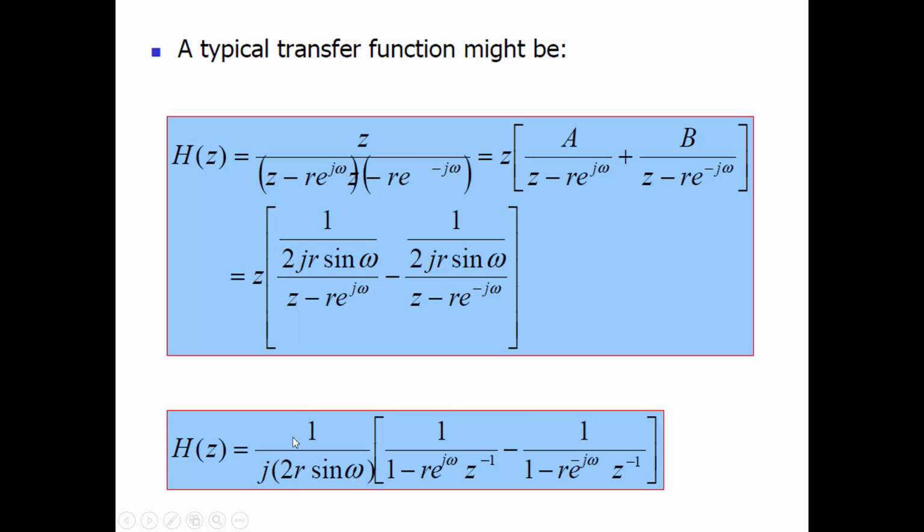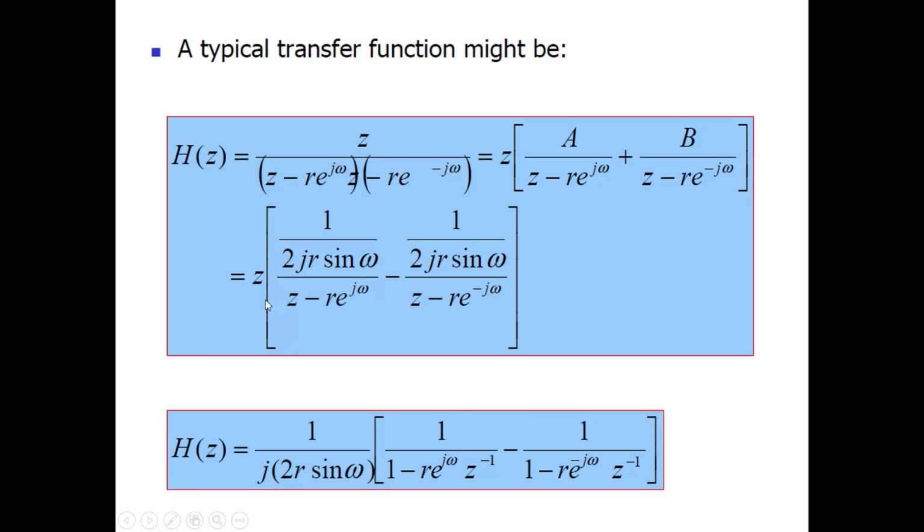From this expression, if you try to solve it further, if you take z out from this part, this will become 1 minus r e to the power j omega z to the power minus 1. The same will happen here, so you will get 1 over this.